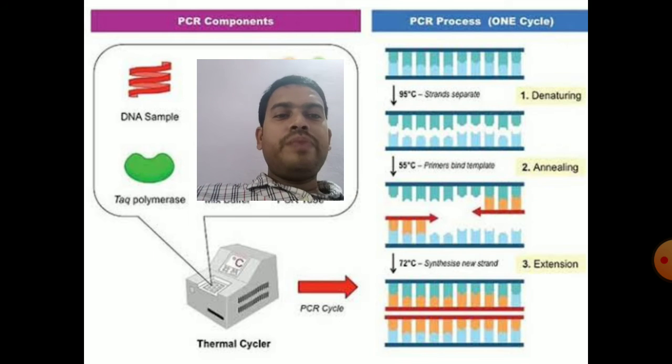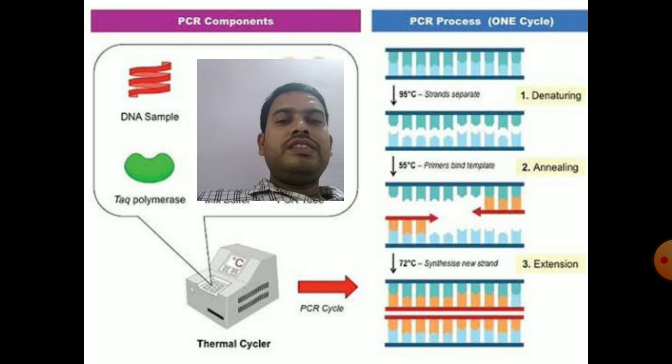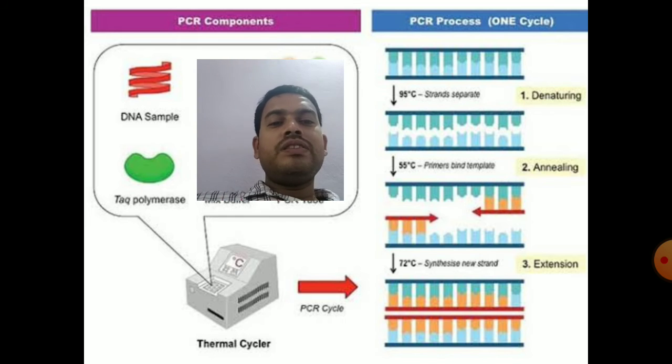After completion of these three steps, you can also set the PCR for how many times you want to amplify, and you have to use that much quantity of the reaction mixture for that particular number of amplification cycles.